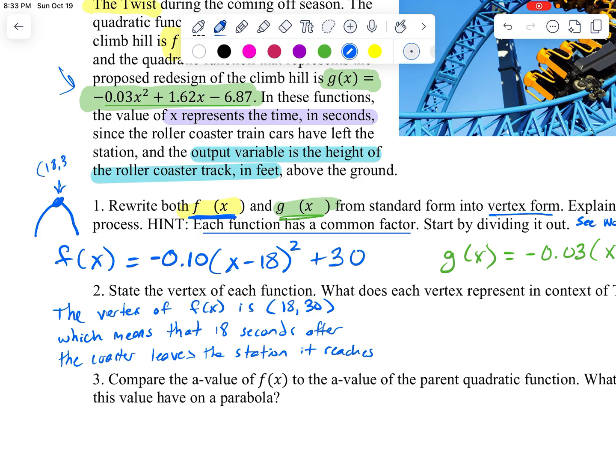So it actually doesn't just reach 30 feet after 18 seconds, but it reaches its apex, which is 30 feet.